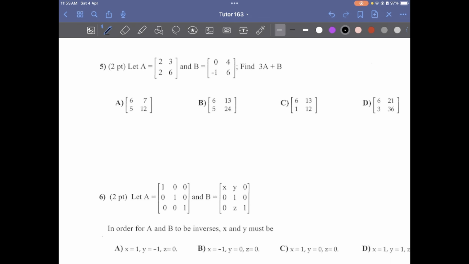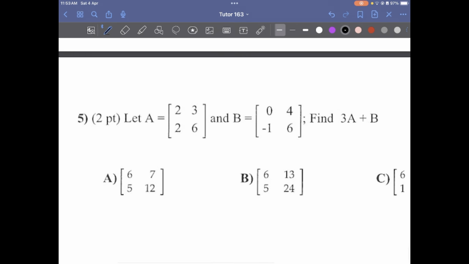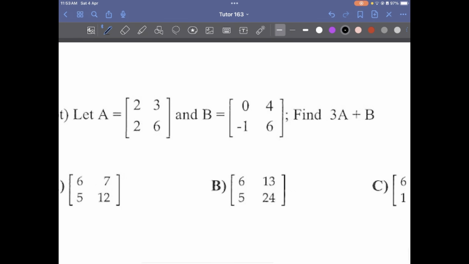Let A equal this and B equal this, find 3A plus B. So you could just input this in your calculator, or you could do it by hand. Since you're just multiplying A by 3, 3A will give you 2 times 3 is 6, 3 times 3 is 9, 6 times 3 is 18.